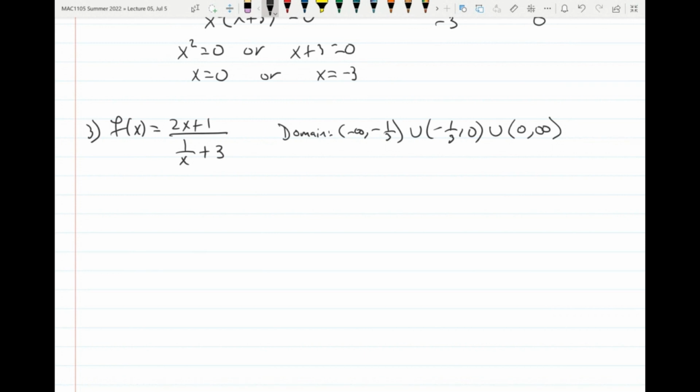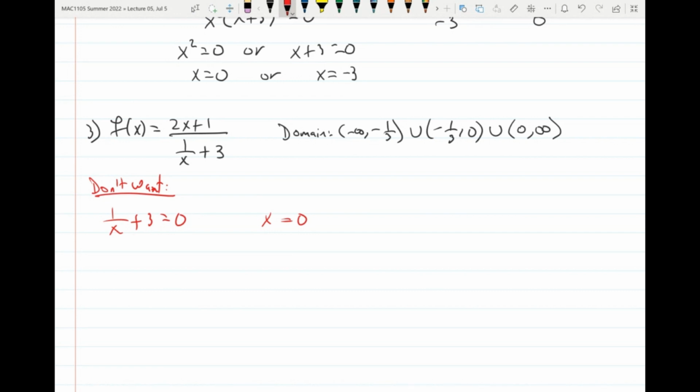So if you want to figure out the domain here, there are two things you have to take care of. First, I don't want 1 over x plus 3 to be equal to 0. And then also, I don't want x itself to be 0. This is coming from the little fraction, and this is coming from the big fraction.